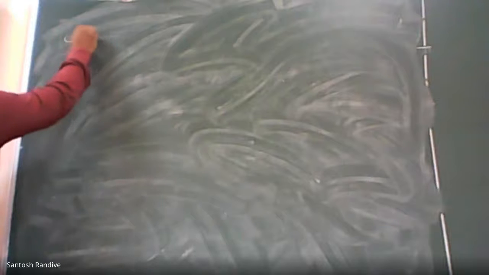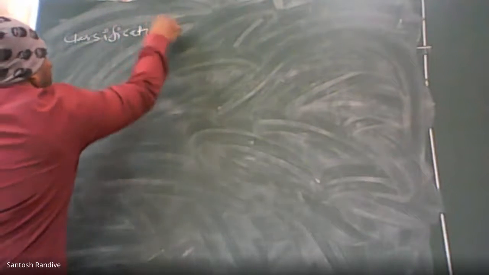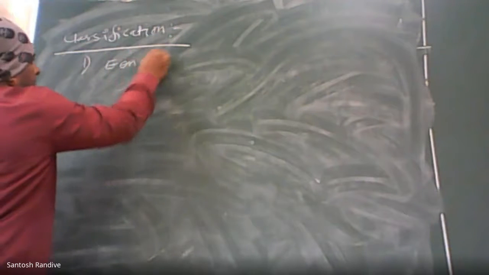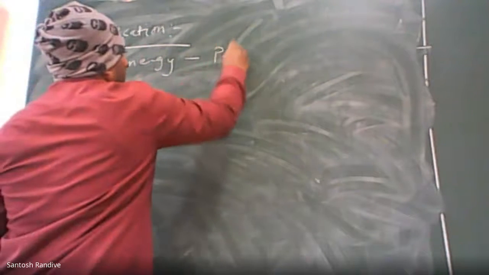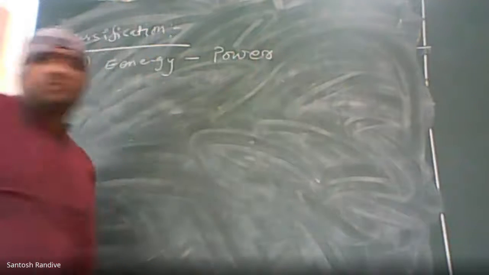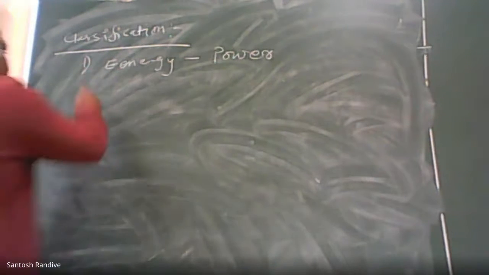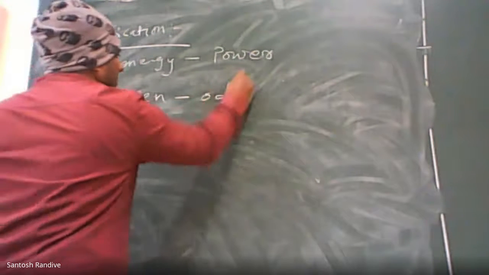So there are various classifications of signals. First is energy signal or power signal. We have to classify a signal into energy and power. Second, we have seen this, is even signal and odd signal.